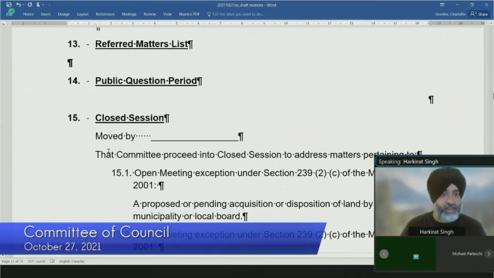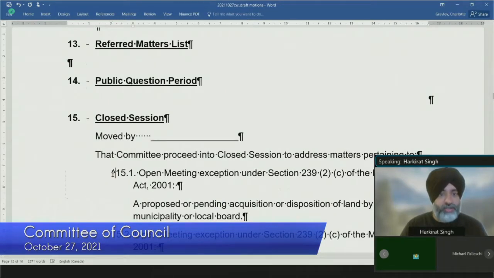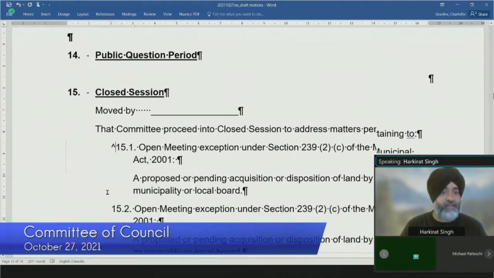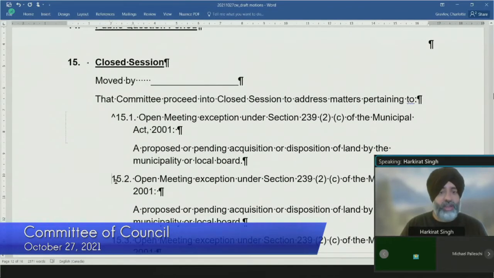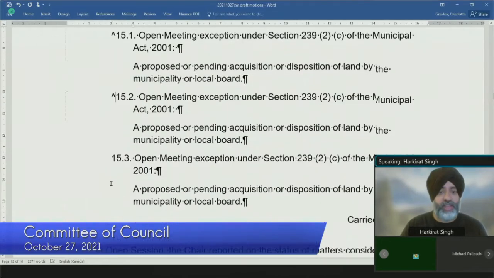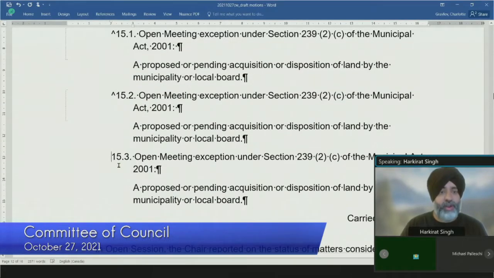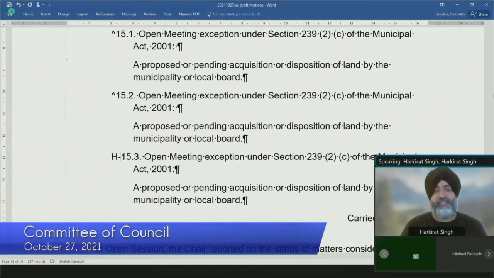Okay, consent. 15.2 open meeting exception under section 239(2)(c) of the Municipal Act, 2001, a proposed or pending acquisition or disposition of land by the municipality or local board. Okay, consent. 15.3 open meeting exception under section 239(2)(c) of the Municipal Act, 2001, a proposed or pending acquisition or disposition of land by the municipality or local board. Hold, please. Okay, we're holding 15.3.